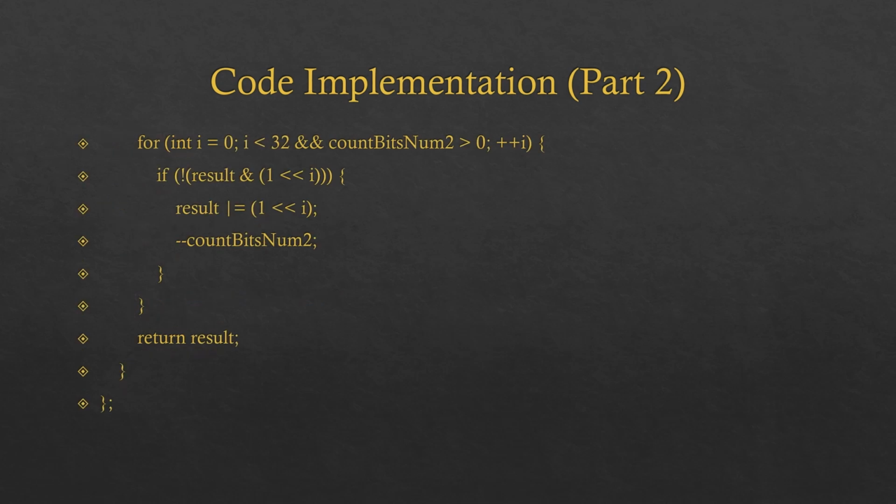In the second part, if the bit count is still less than required, we iterate through the least significant bits and set them in the result. Finally, we return the result, which satisfies both conditions of the problem.